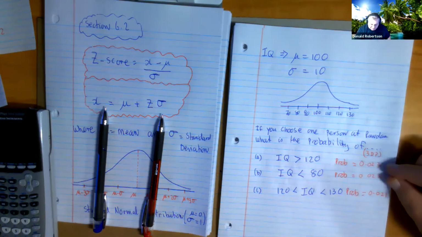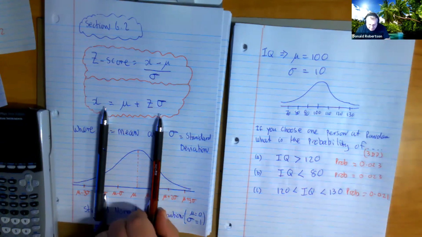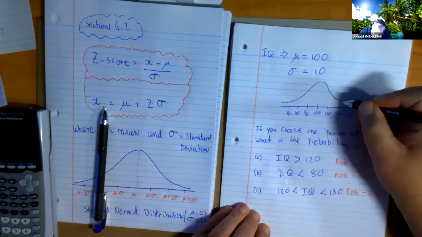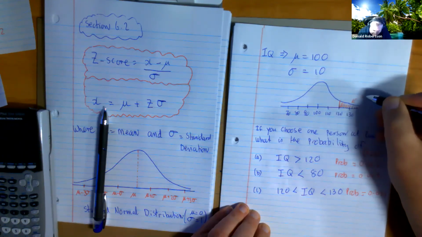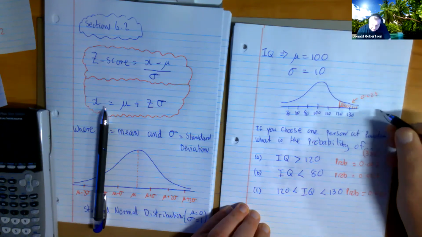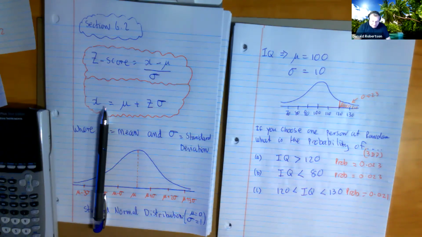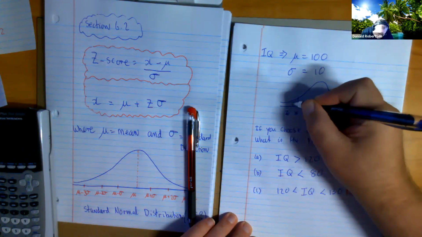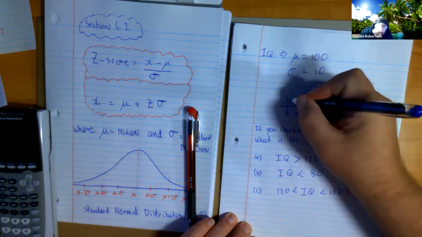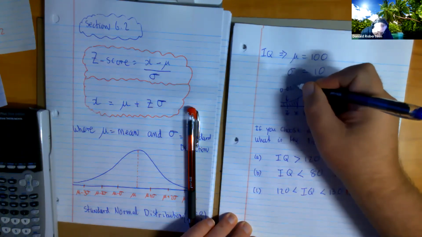I wonder why these two are identical. Let's see if we can find out. If you take this one, that area there is 0.023 because the area exactly matches the probability. On the other hand, if you do 80 and you go this way, that area is also 0.023.